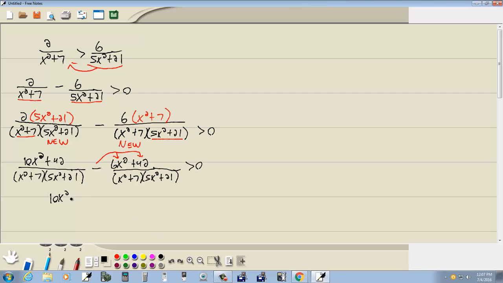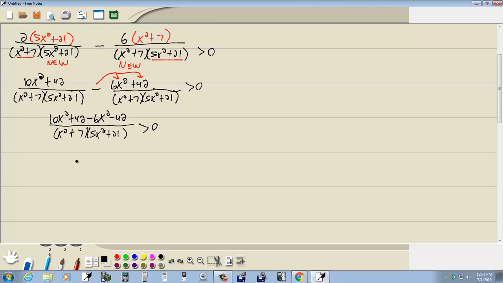So we're going to have 10x squared plus 42 minus 6x squared minus 42 over x squared plus 7 times 5x squared plus 21 is greater than 0. 10x squared minus 6x squared is 4x squared. 42 minus 42 drops away, over the denominator. Okay, we got our single fraction. That's our goal. You can't solve a rational inequality if it's not a single fraction.